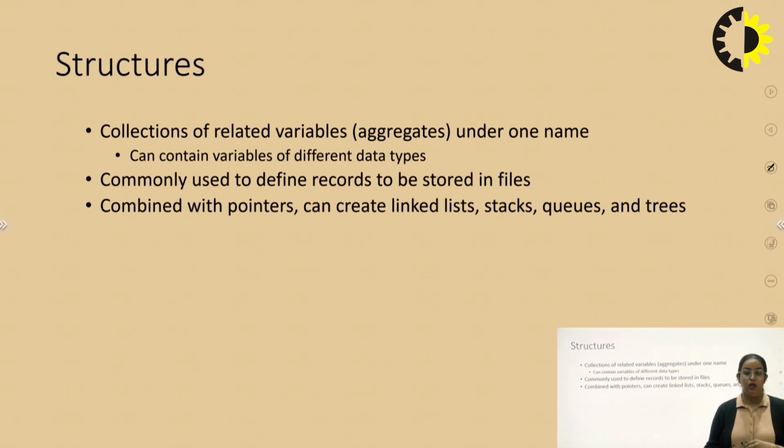So what is the drawback, or the limitation, of an array? That we can only store a similar type of data. That means if you want to store the record of a class, then in a class we have student name, student roll number, their marks, and many more attributes. But with the help of an array we can only store similar type of data.